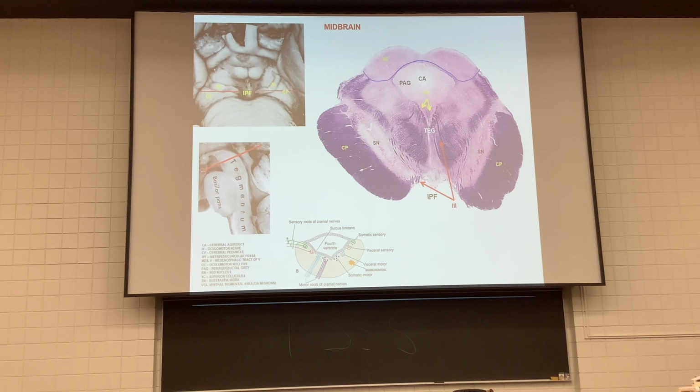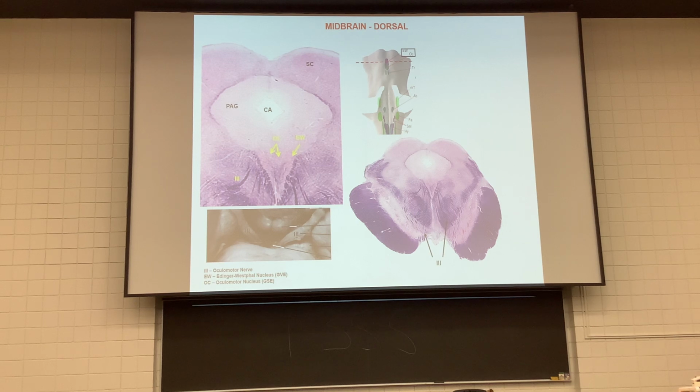You can see those on this cross section. Very difficult to distinguish, but this more lateral part, remember oculomotor does have a visceral motor component. It's got some preganglionic parasympathetics that go out to the ciliary ganglion.